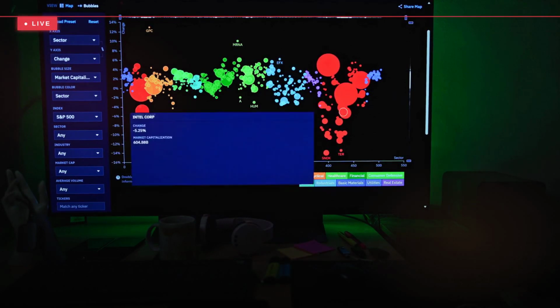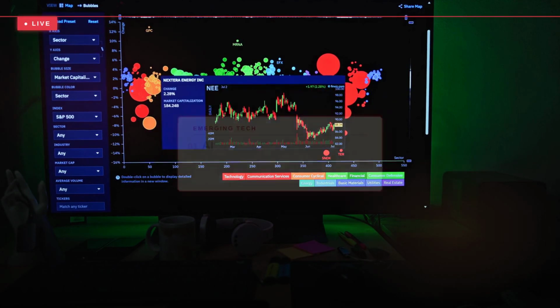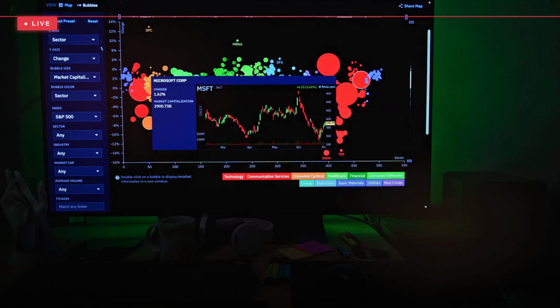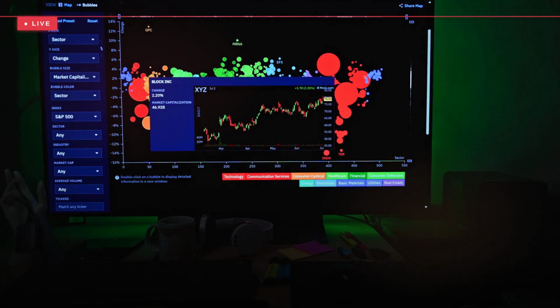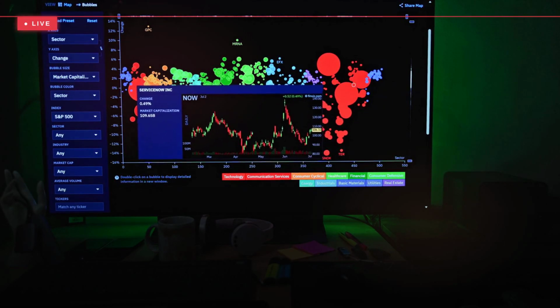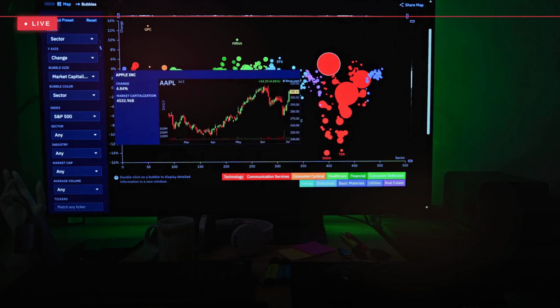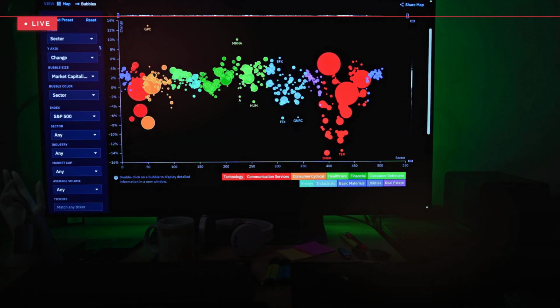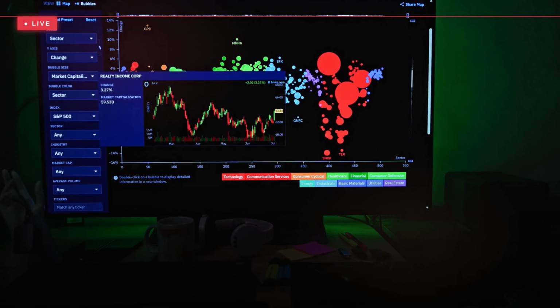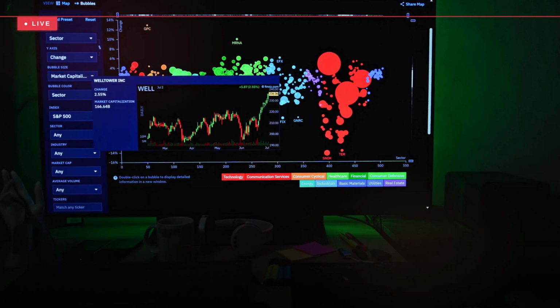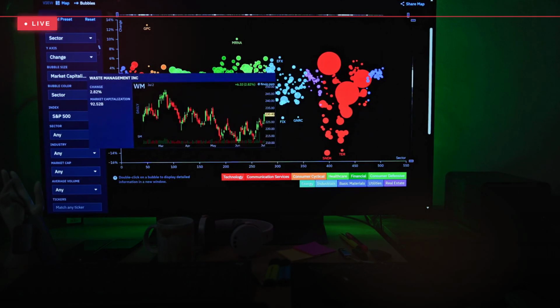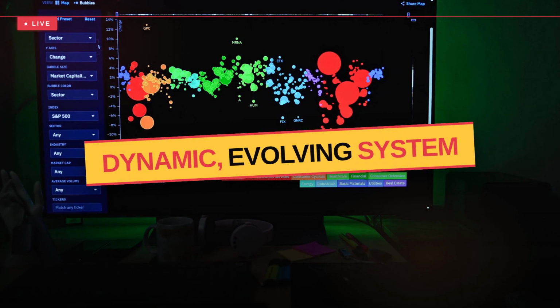We may see a shift towards programmable money where transactions are executed automatically when certain conditions are met. However, these advancements also bring new challenges in terms of regulation, interoperability, and cybersecurity. The global financial network is not static, it's a dynamic, living system, constantly adapting to technological progress and geopolitical shifts.